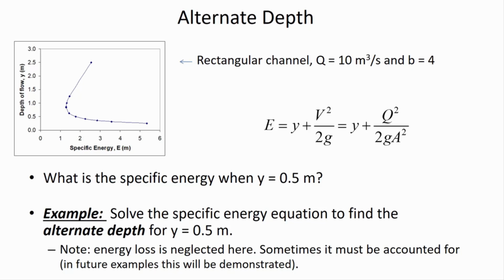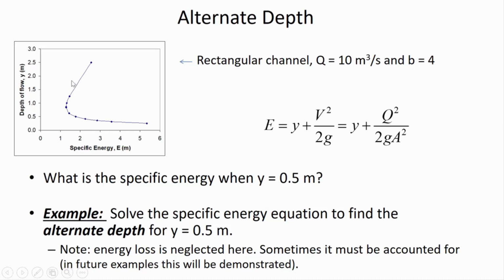So the total specific energy is 1.774 meters. So that's how much specific energy there is when the depth is 0.5 meters. So let's look over here. 0.5 corresponds to 1.774.